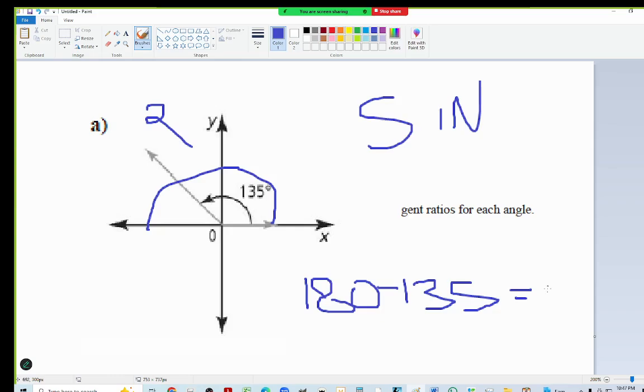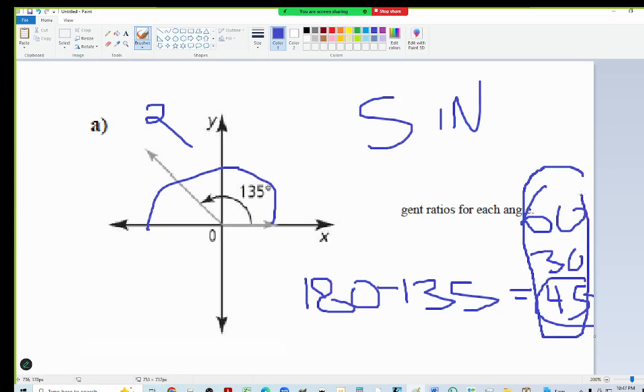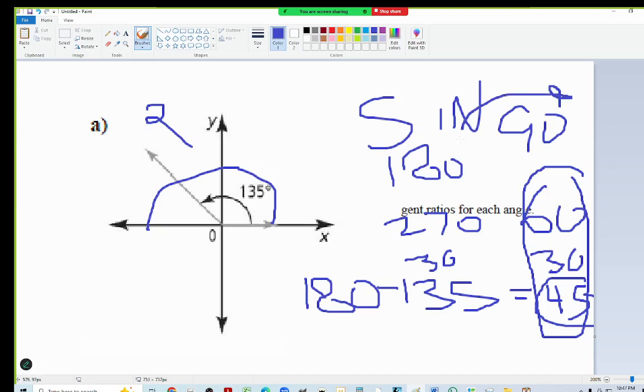It's 45. As soon as you see 45, 30, or 60, and even the main points at 0, 90, 180, 270, and 360, you will not need a calculator. He does not want you to use a calculator.